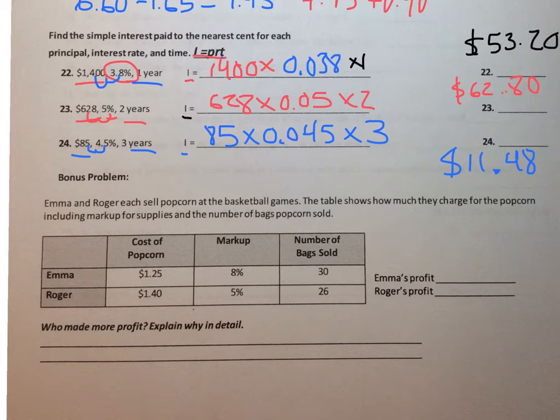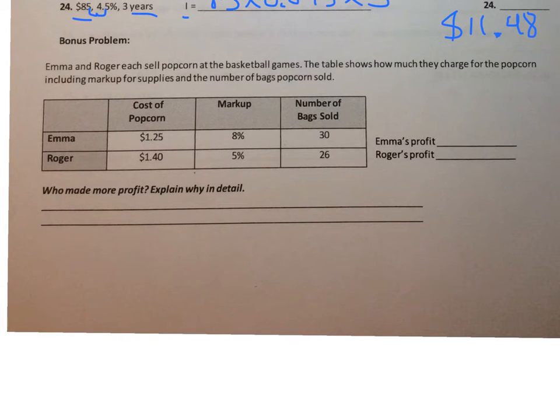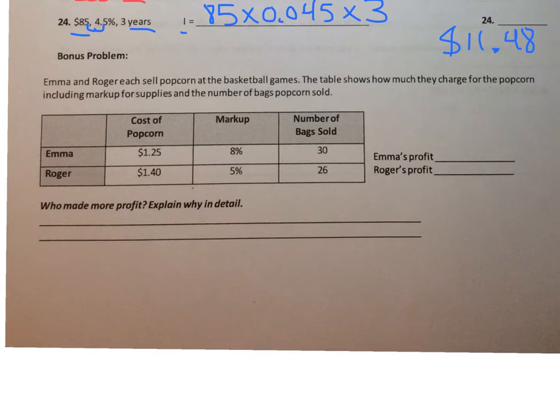Alright, last one is our bonus. Emma and Roger sell popcorn at the basketball games. The table shows how much they charge for popcorn, including the markup for supplies and the number of bags sold. Well, we want to know the total profit. So in order to know the total profit, I'm going to calculate for Emma her cost times her markup amount, 0.08.